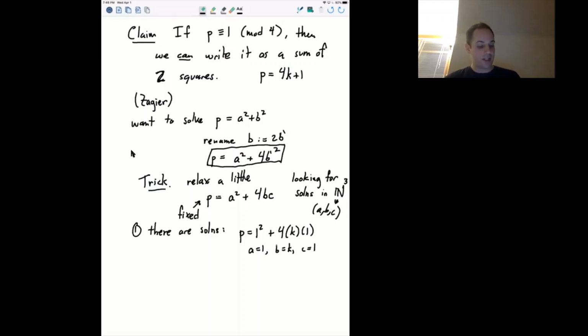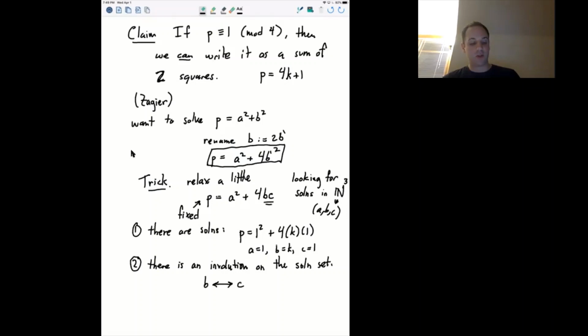So the next observation is that there's an involution on the set of solutions, the set of all A, B, and C which solve this. And it's kind of silly, you just swap B and C, right? If I have a solution A, B, and C, then A, C, and B will also be a solution, right?